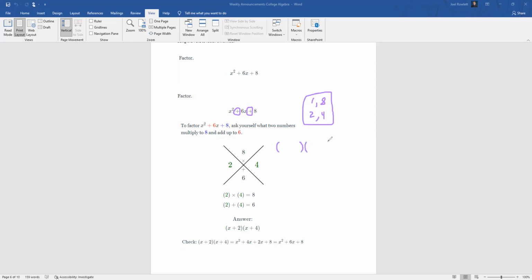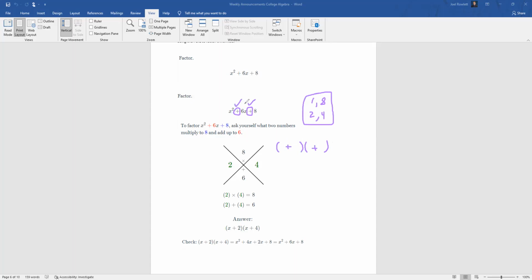The first thing I do is I look at those two signs. Again, if this linear term is positive, it means the signs are the same. That means they are both positive or they're both negative. And if you look here, since this is positive, that tells me that I'm going to have 2 positives. Now, if we had had a negative 6 for the linear term, then I would have 2 negatives.